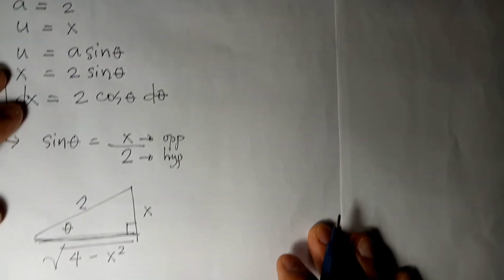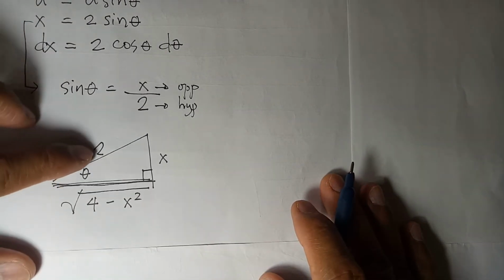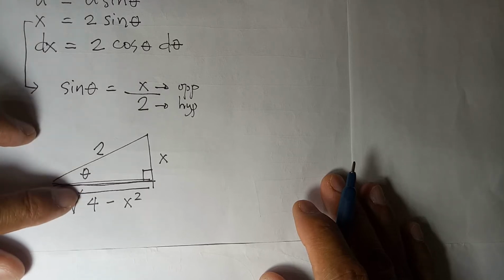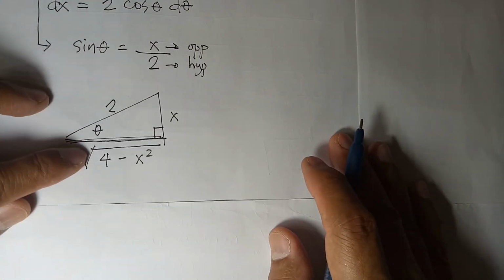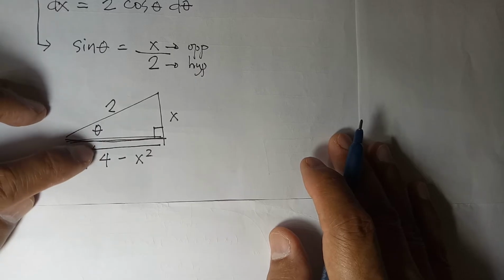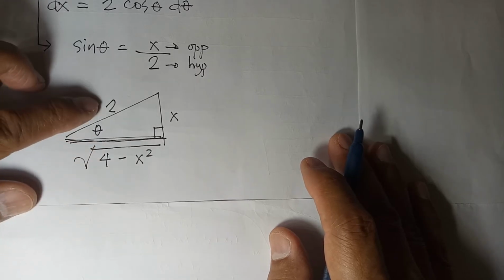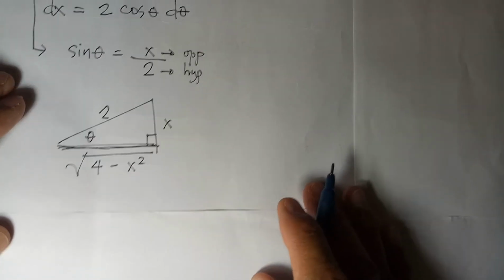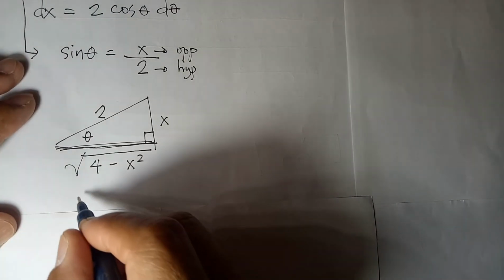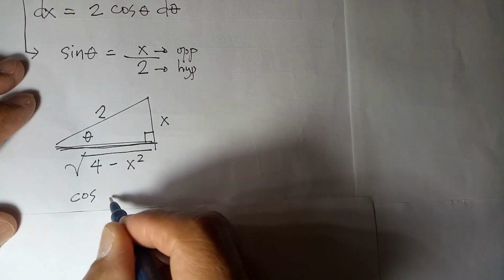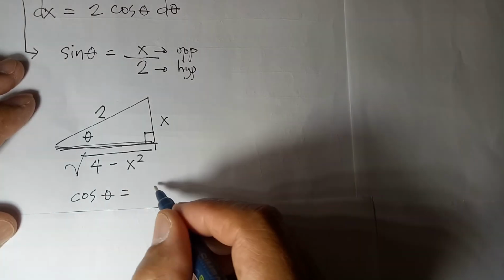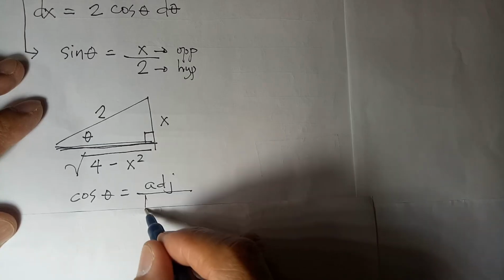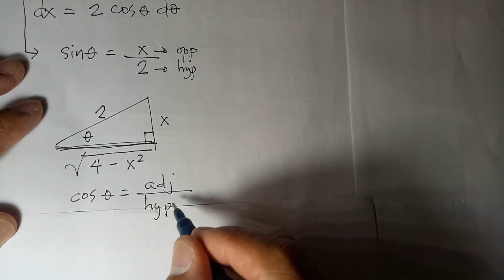Okay? So, dito, ang i-involve natin ay yung 2 at saka yung adjacent side. So, adjacent side divided by the hypotenuse, and that's cosine. So, meron tayong cosine theta equals adjacent side divided by the hypotenuse.